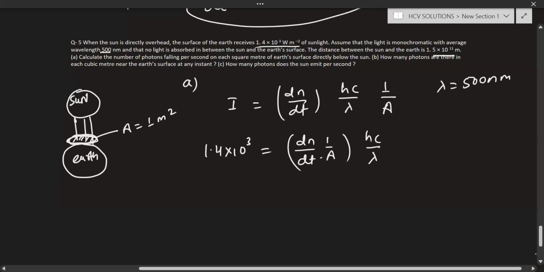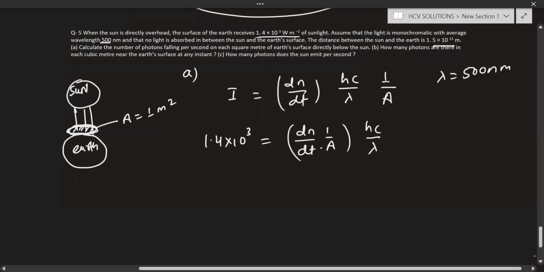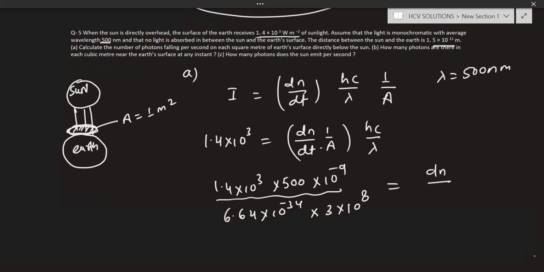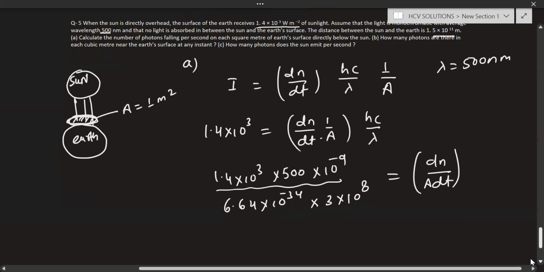So we transfer this to this side. We get 1.4 times 10 to the power 3, times 500 times 10 to the power minus 9, which is the lambda value. Here h is 6.64 times 10 to the power minus 34, and c is 3 times 10 to the power 8. Now we have to calculate dN/dt, the number of photons per unit time per unit area.